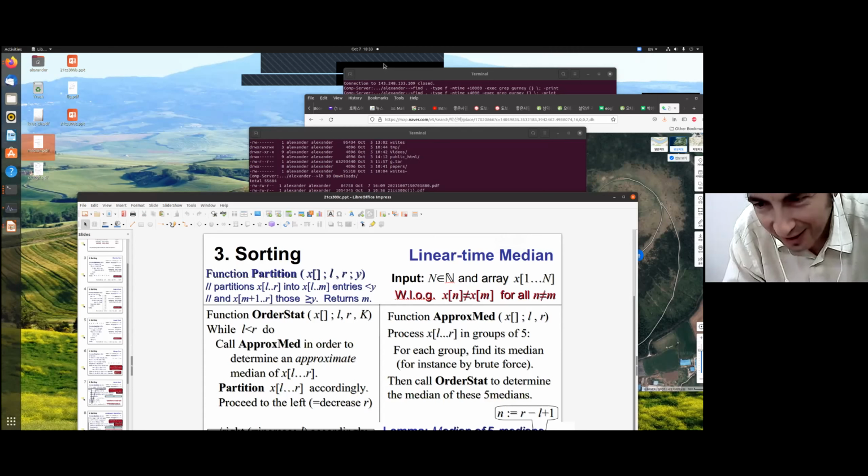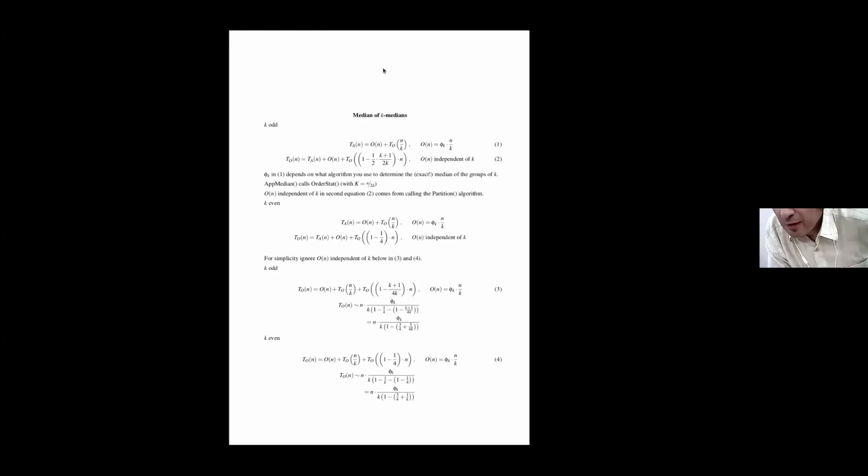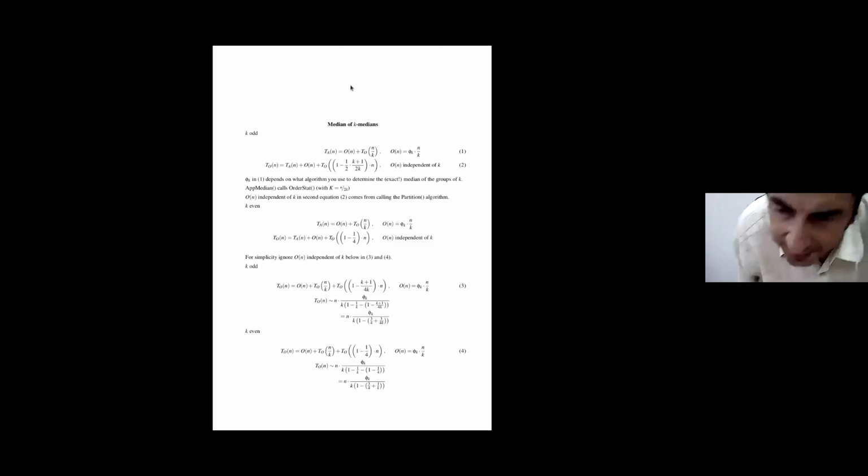So to examine this question, which is a meta question: why do I need to take groups of 5?